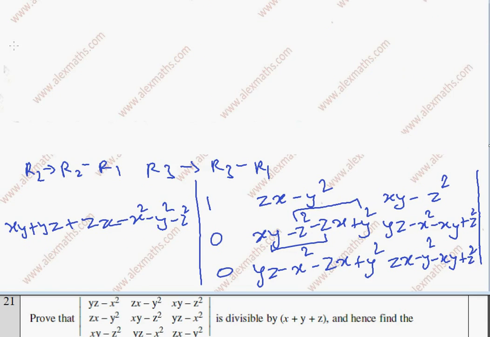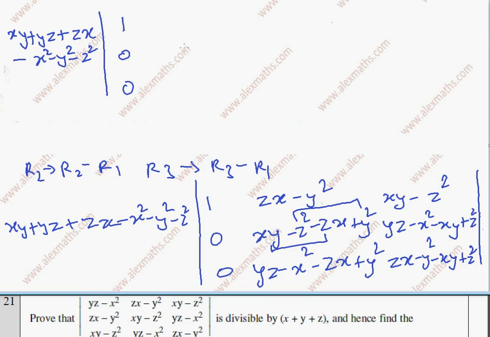When I group and write, before that the outside term xy plus yz plus zx minus x square minus y square minus z square outside. Then first column as it is. Then second column, first element as it is. Here it is xy minus zx plus y square minus z square.